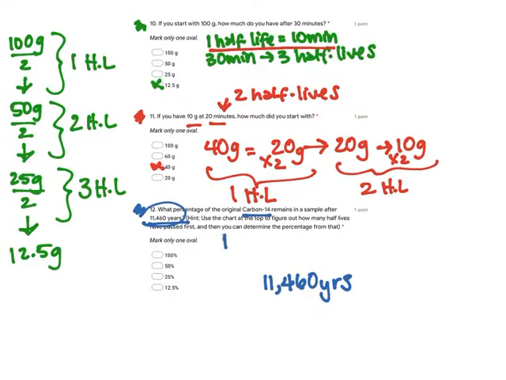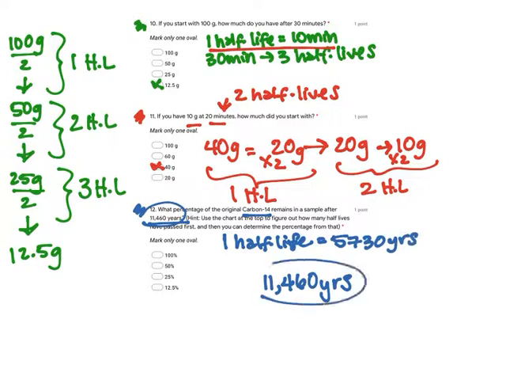So we know one half-life for carbon-14 would be 5,730 years. If we have this quantity given, we want to take this and divide it by this number in order to figure out how many half-lives occurred over this course of time.